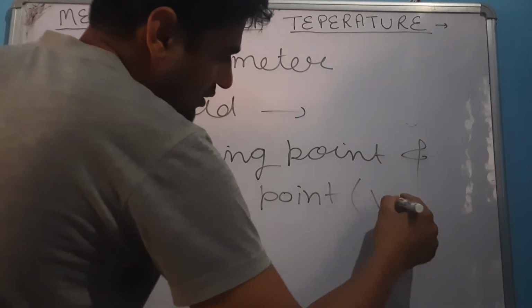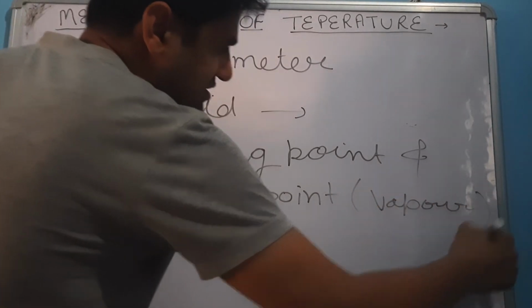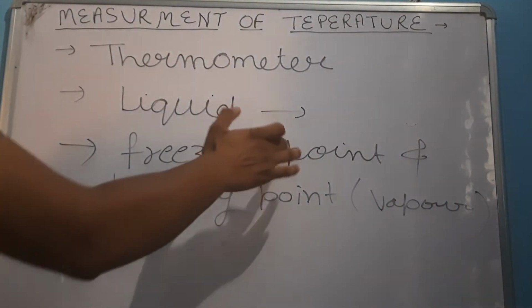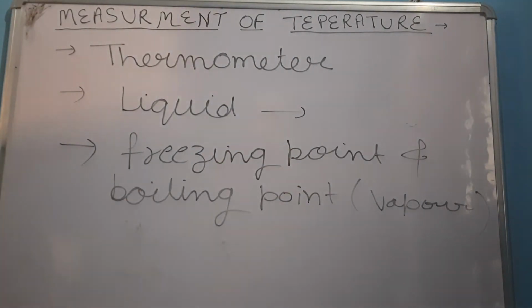Or it may be vapor. When our liquid changes into vapor and when our liquid is in the form of ice, those are two drastic changes that are easily visible and practical, meaning feasible to measure. So we take these two points as reference points or fixed points to measure the temperature of a certain body.